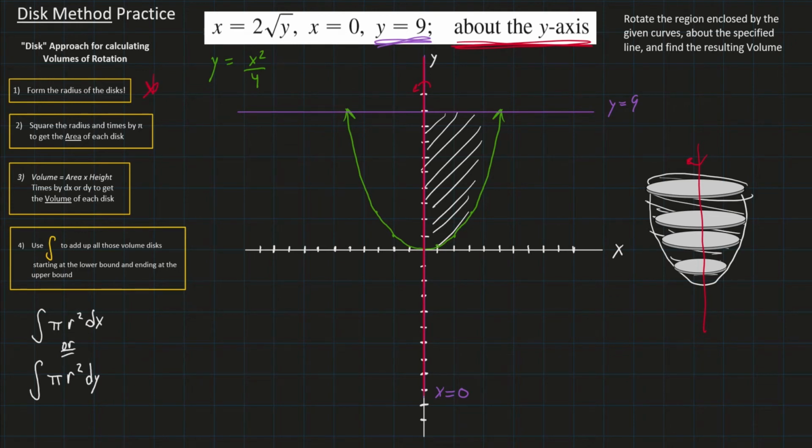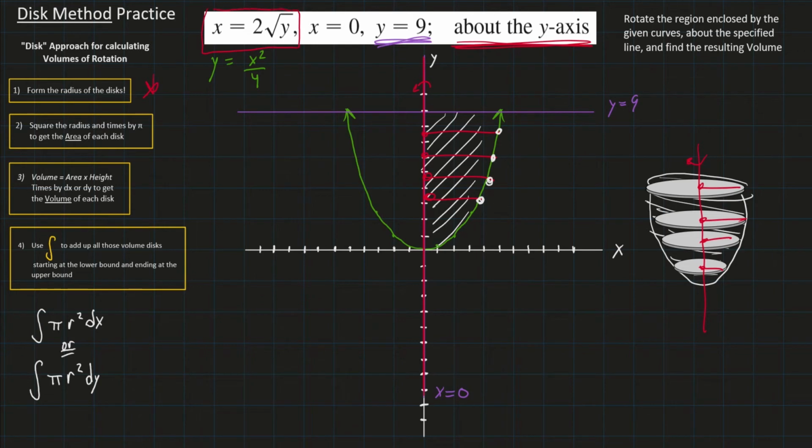Let's form the radius of these disks. Here's the radii of each disk. On our main graph, those are going to be these lengths here. And I notice that these lengths are simply the x-coordinate of each one of these points along that green curve. Because these are x-coordinates, I want an equation that gives me the x-coordinates of these points.